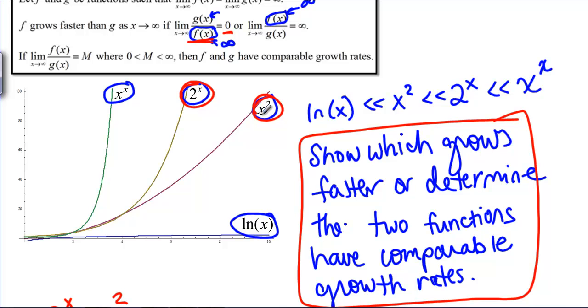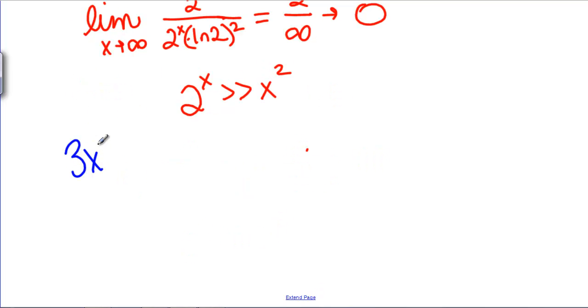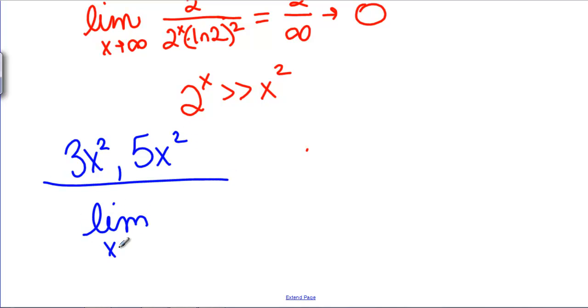Now one more thing to say about growth rates is that sometimes functions grow at a comparable speed. So, for example, if you were to compare 3x squared and 5x squared, we're looking at the limit as x goes to infinity of 3x squared divided by 5x squared, or 5x squared divided by 3x squared.